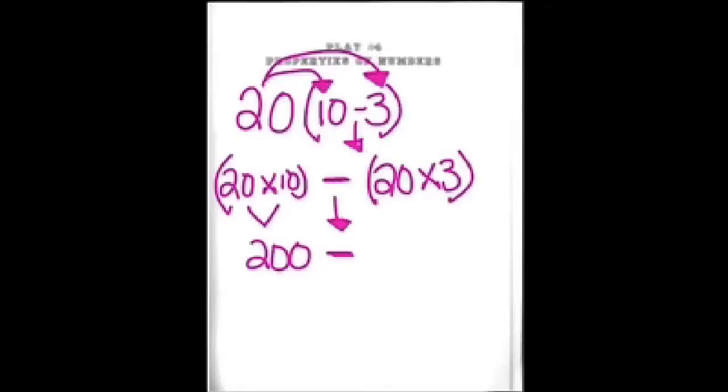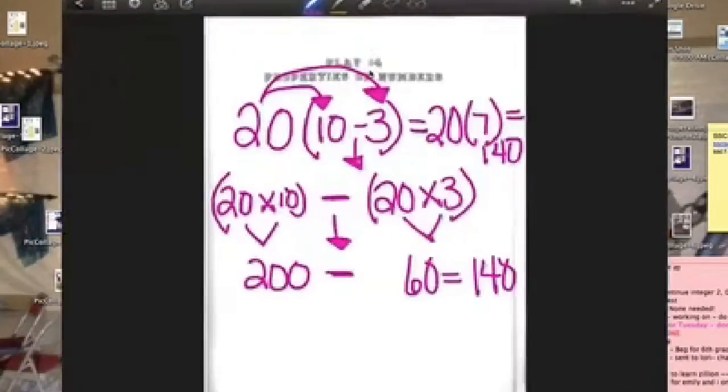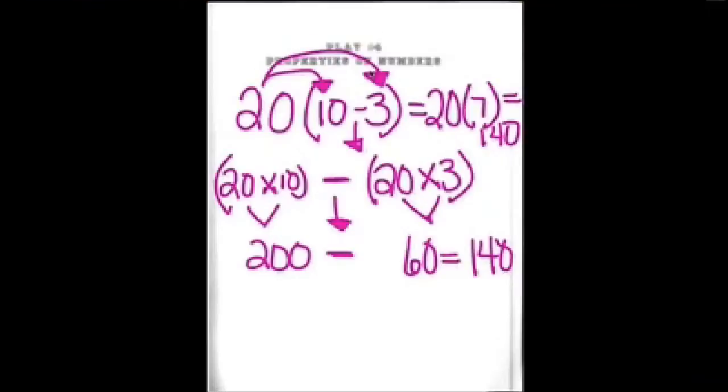Which, if you looked up here, would equal 20 times 7 if you subtracted, which also equals 140. So this can be helpful to us when we're doing long or difficult multiplication problems that we may not know the answer to in our head, or maybe we don't have a calculator accessible to us. So this can help us out. So this again is the distributive property of multiplication over subtraction.